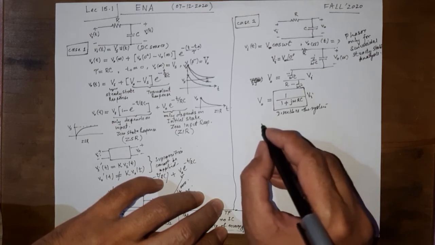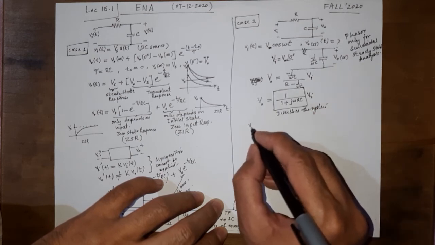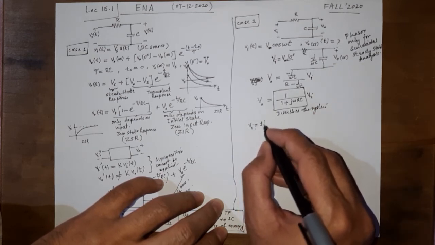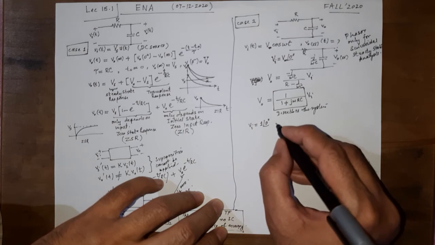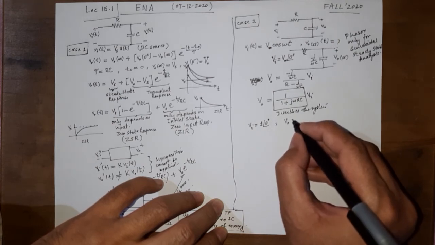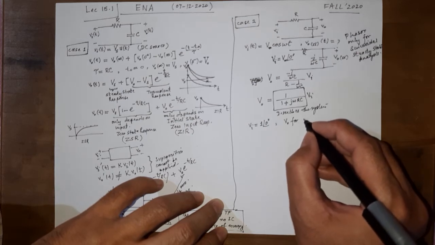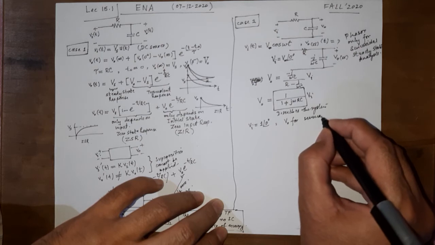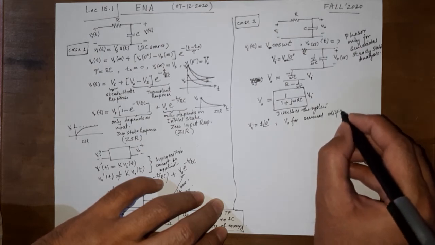if someone says, suppose Vi is equal to 1 angle 0, what would be V naught for several different sinusoids?